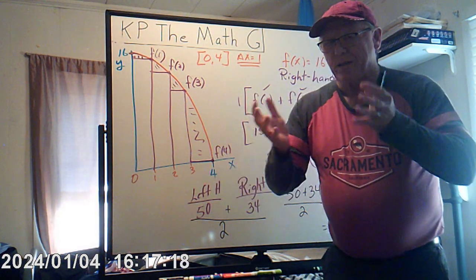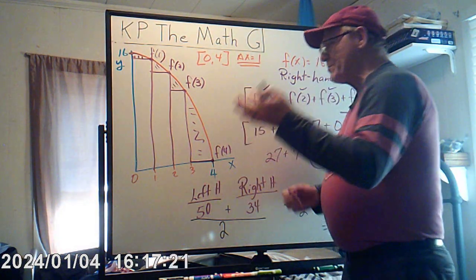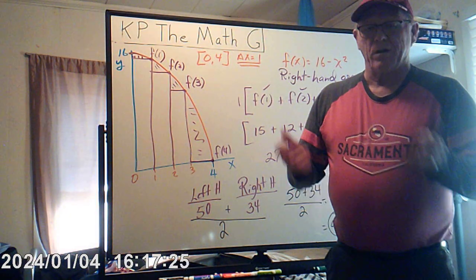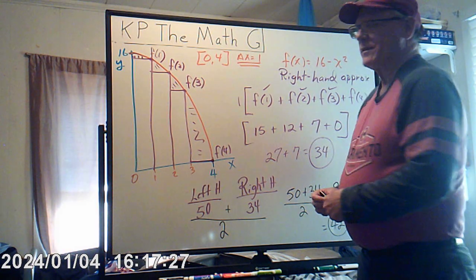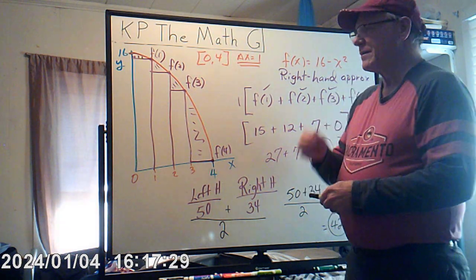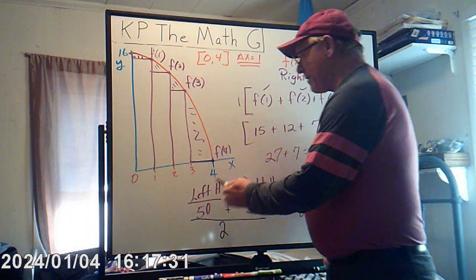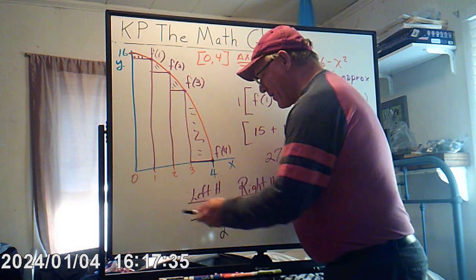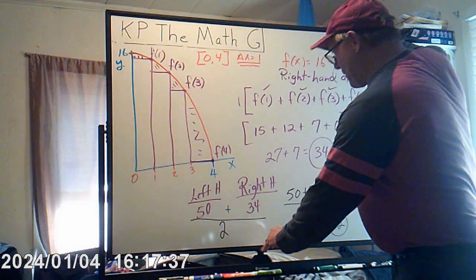But on the AP test, you may just be asked to find the left-hand approximation or a right-hand approximation. And then determine if the answer, if you had to find the left one, is an over approximation.